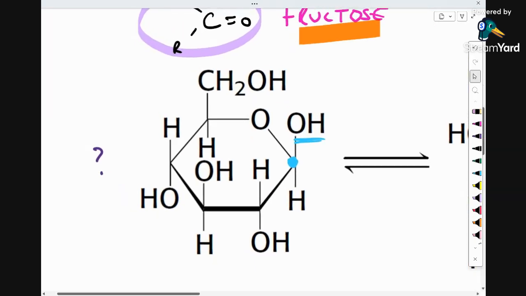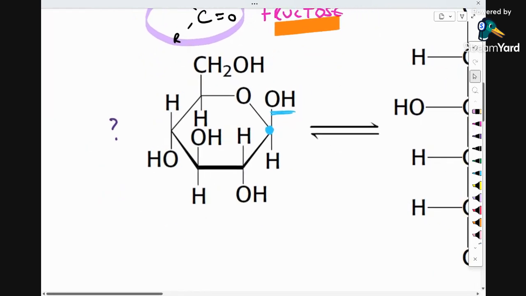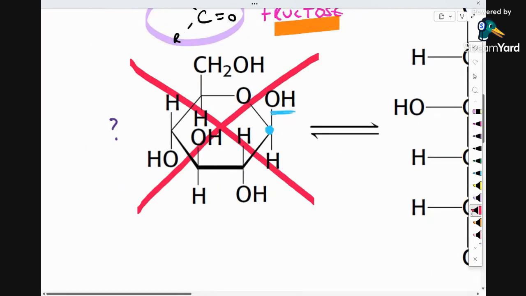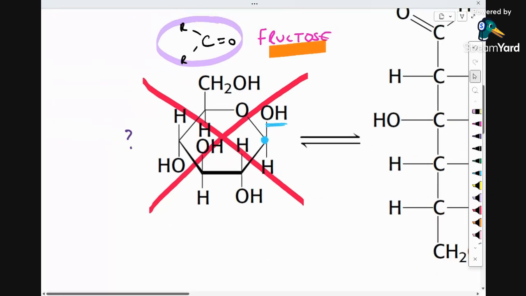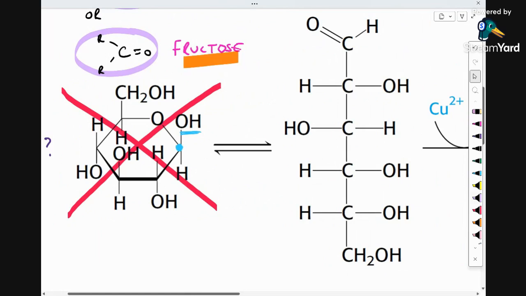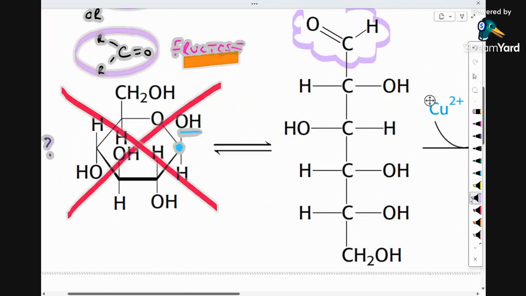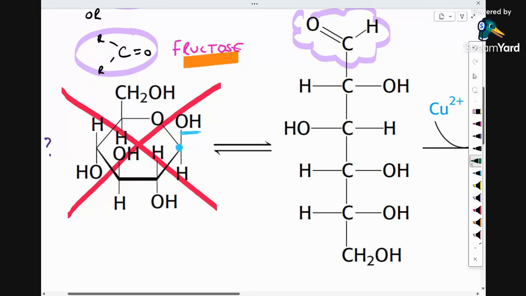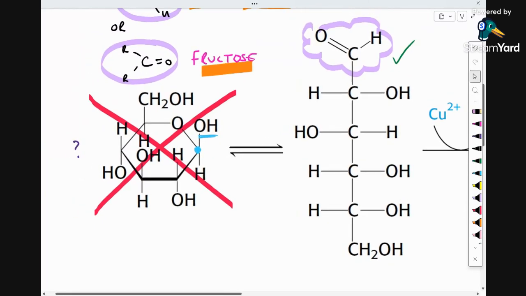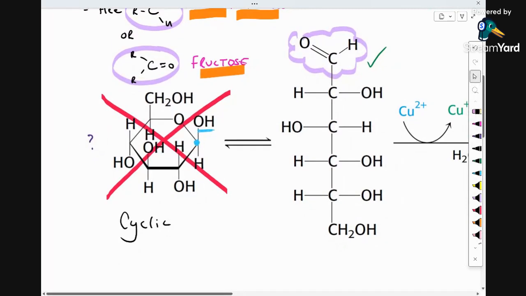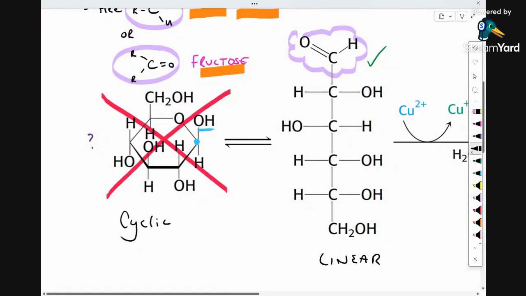So how does this make glucose reducing? Well, the answer is this isn't a reducing sugar. So cyclic glucose is not. But don't forget, we also have linear glucose, which does contain our free aldehyde group and is therefore reducing. So don't forget that these two forms of glucose, we have cyclic here and we have linear here, are in equilibrium with each other.